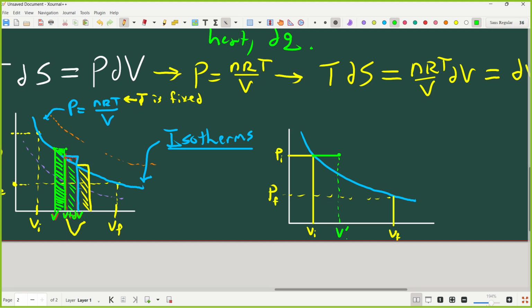And what's the amount of work he does? Well, it's the area subtended by this rectangle. This is the amount of work he does. This is the change in work. I'm not going to call it dW because it's a macroscopic change in work, so it's delta W. How much work is that? Well, it's all the area under the curve plus this junk right here.